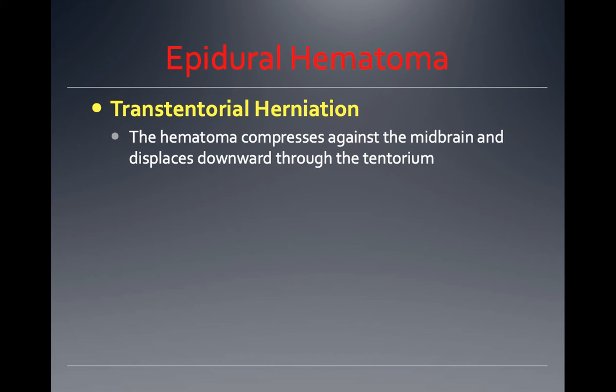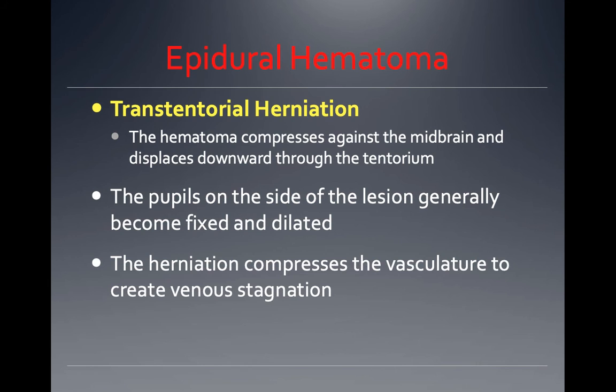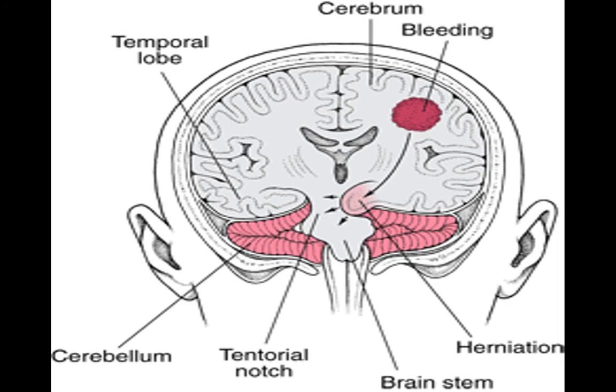Transtentorial herniation is where the hematoma is compressing against the midbrain, and that displaces the brain down through the tentorium by the cerebellum, and you have that herniation. Pupils on the side of the hernia are generally fixed and dilated, and the herniation compresses vasculature, and it can create venous stagnation.